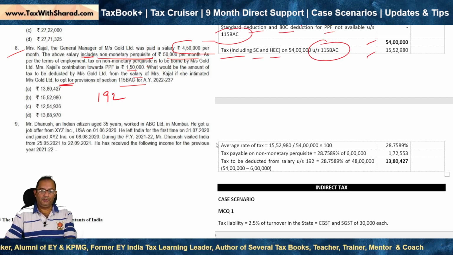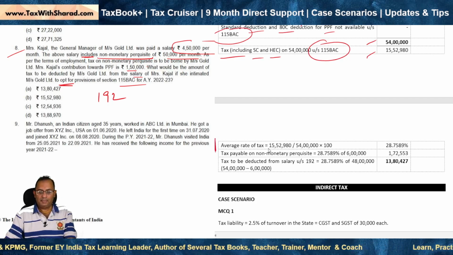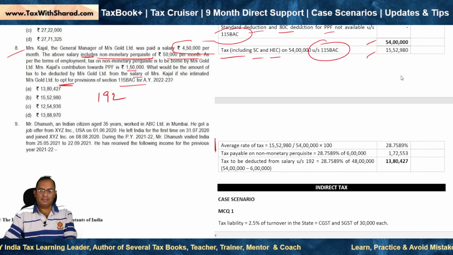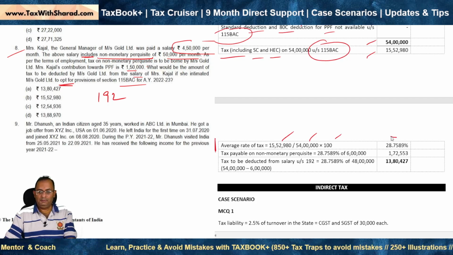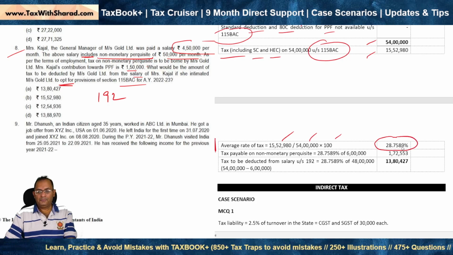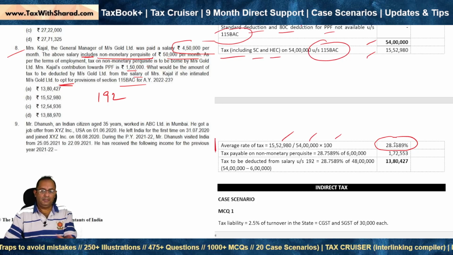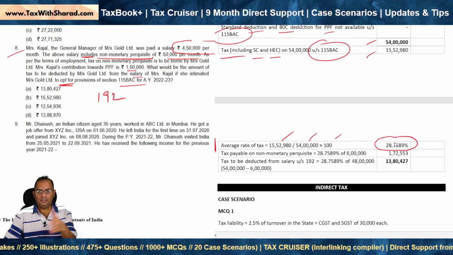So for this, we need to figure out the average rate of tax. Average rate of tax is 15,52,980 tax divided by the total income multiplied by 100, and therefore 28.7589%. You can take it till 2 decimal places also, but then there will be a rounding error because the amount is huge, and then you may see some difference in your answer and the answer option in the MCQ.